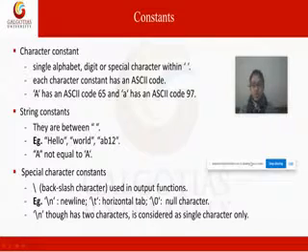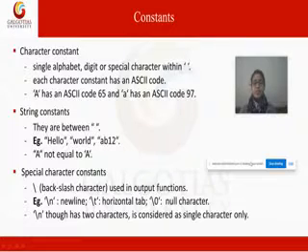Whatever follows the slash n is going to be printed on the next line. So it's a new line character. Similarly, you have a tab on your keyboard, right? It shifts horizontally by one tab. If I want to do that in my output, I have a slash t. So it will create one tab space in between the output.